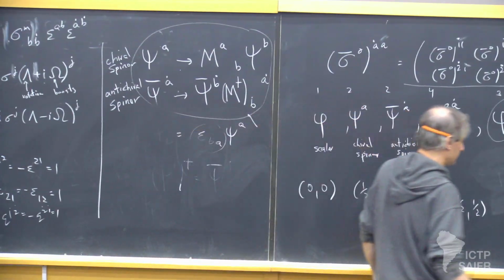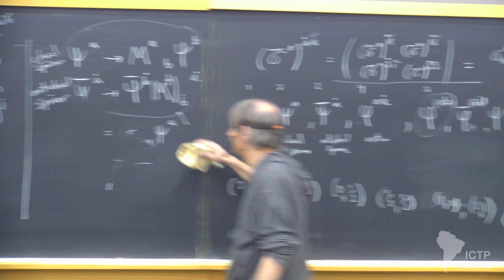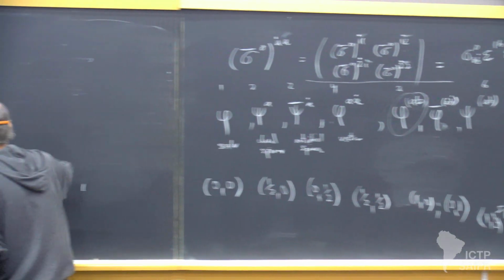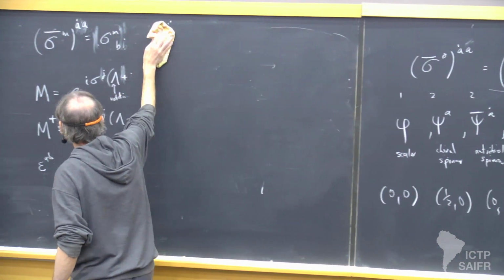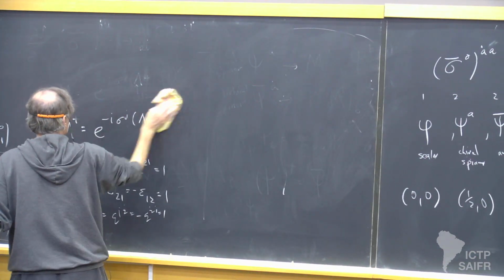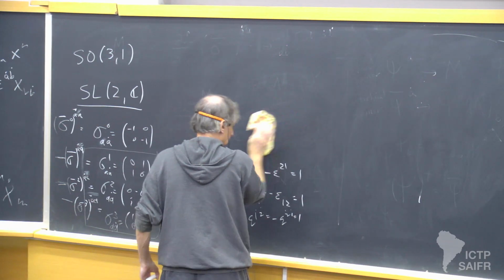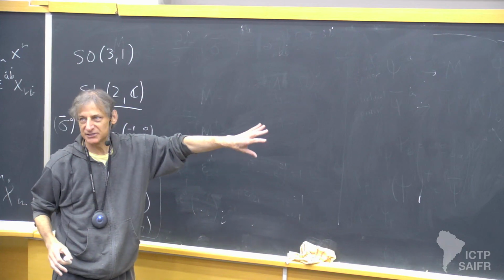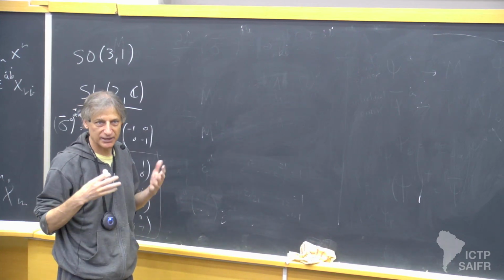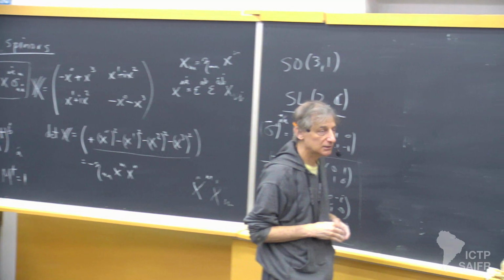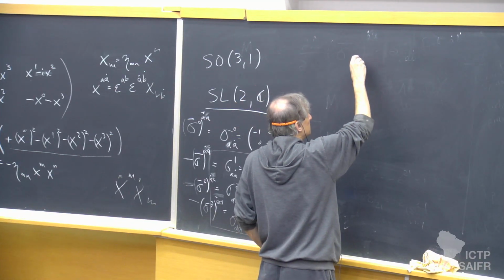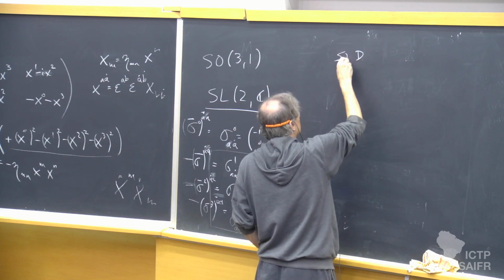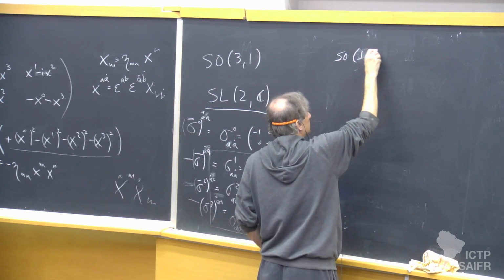Other questions? Okay, so how would you generalize this to higher dimensions? It's easier to talk about in even dimensions. I'm going to say this quickly, just so you have some idea how to do it in higher dimensions. What you do is you split the D, so you have SO(1, D minus 1).